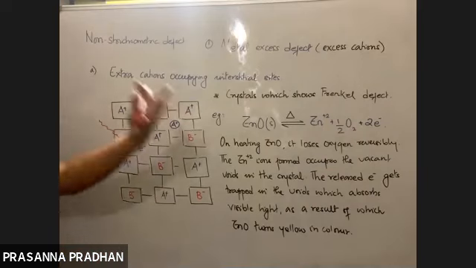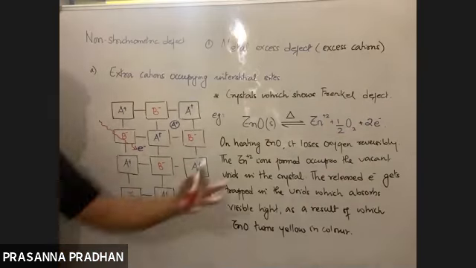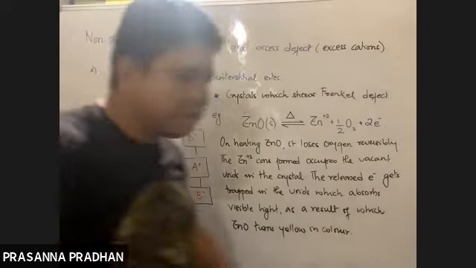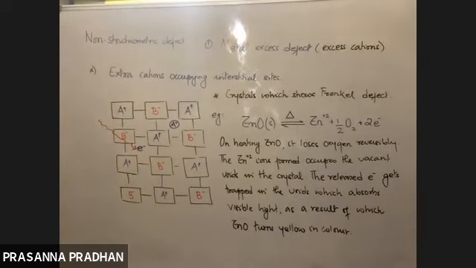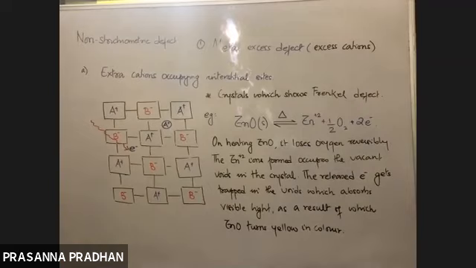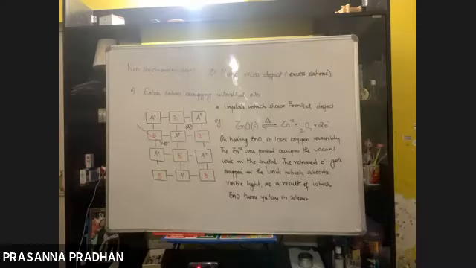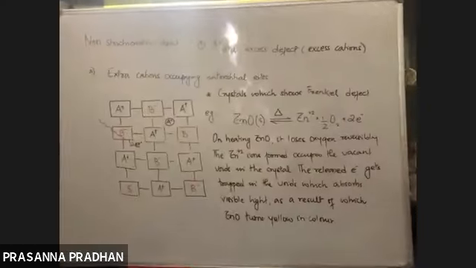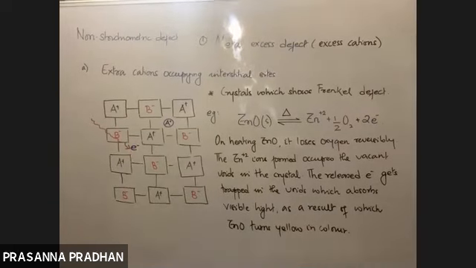So if it loses energy, that energy, if it falls in the visible region, it appears to be colored. I hope this is understood.